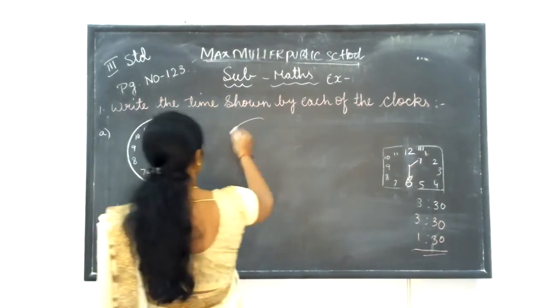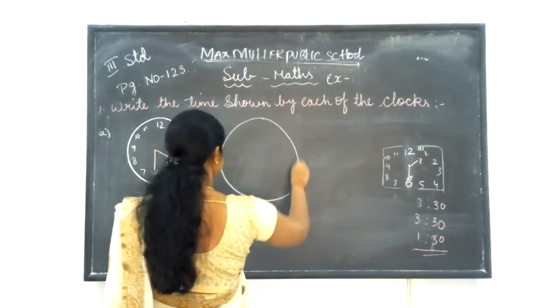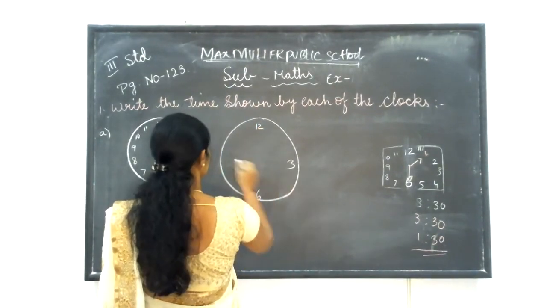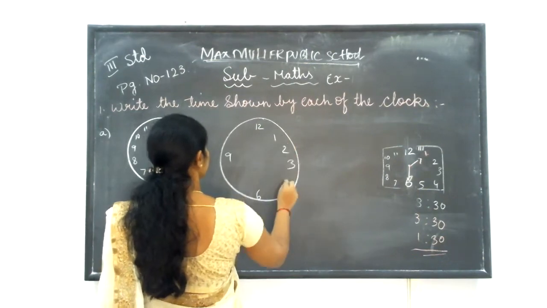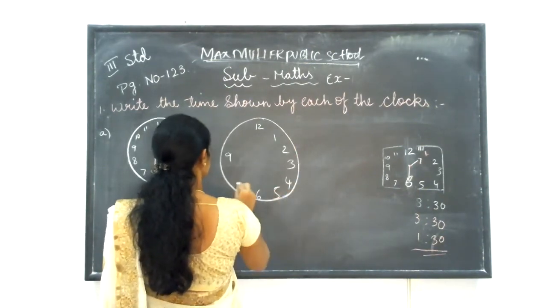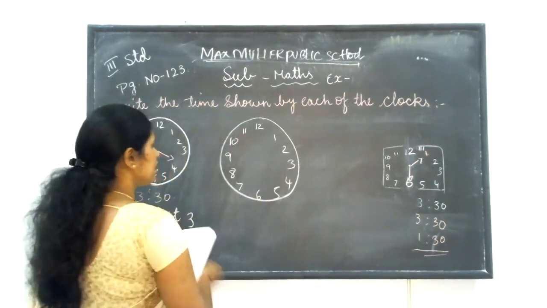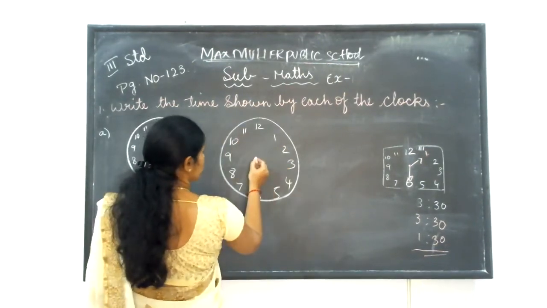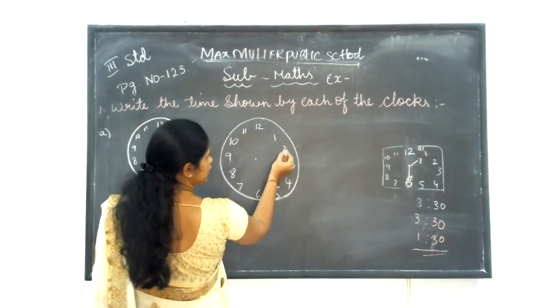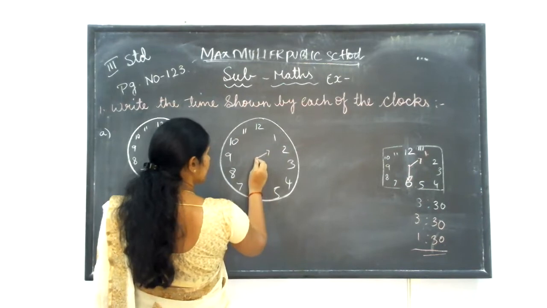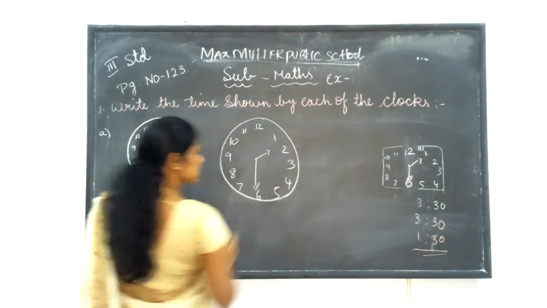Another example I will give. Here I will draw a clock. 12, 6, 3, 9, 1, 2. Now, this one is in between 1 and 2, the short hand. The long hand is indicating 6.